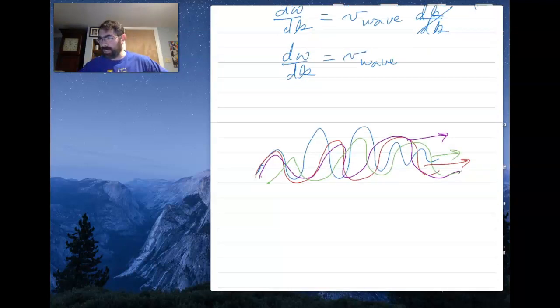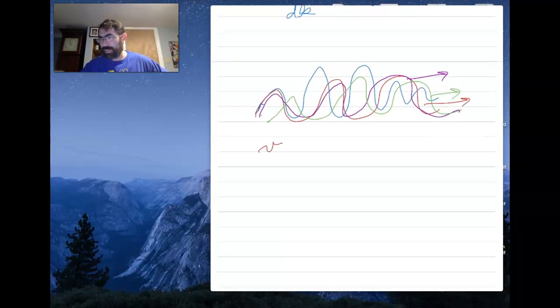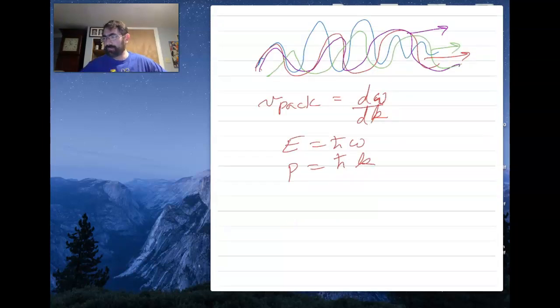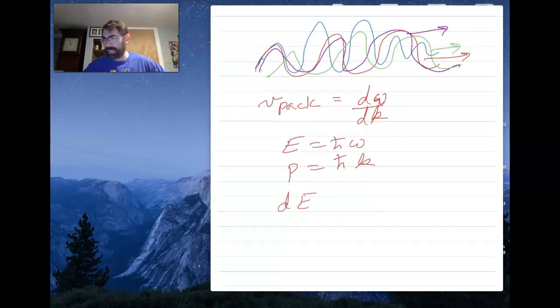So if we use this definition of the wave packet moving, now we'll apply our quantum mechanics. In this case, the energy is h bar times omega. The momentum is h bar k. So dE is h bar d omega. dP is h bar dk.